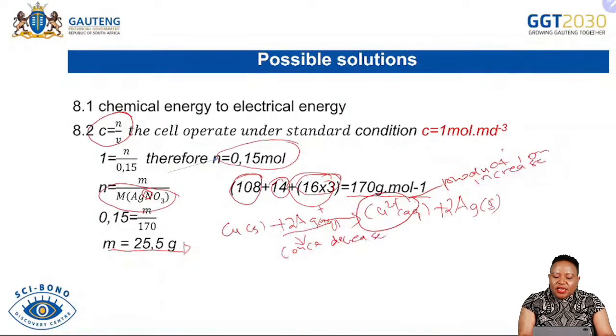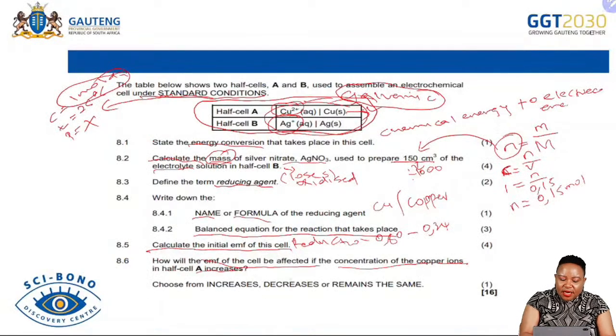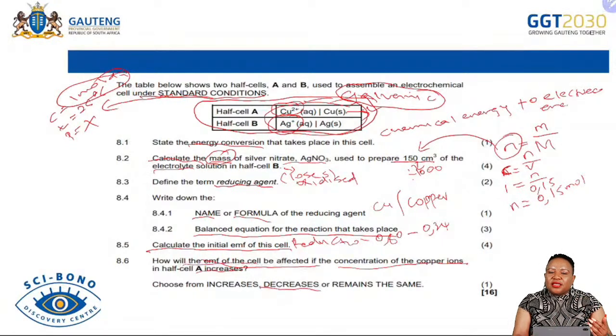So if we increase the concentration of copper 2 plus ion, we are increasing the product ion. Therefore, we are expecting the EMF of the cell to decrease, because as you increase the concentration of the product ions, you will decrease the EMF of a cell.